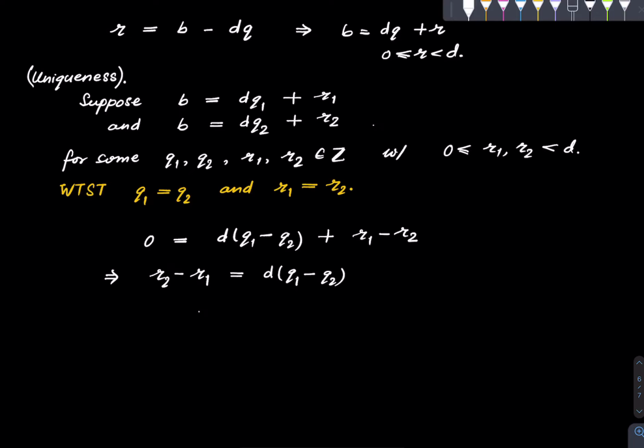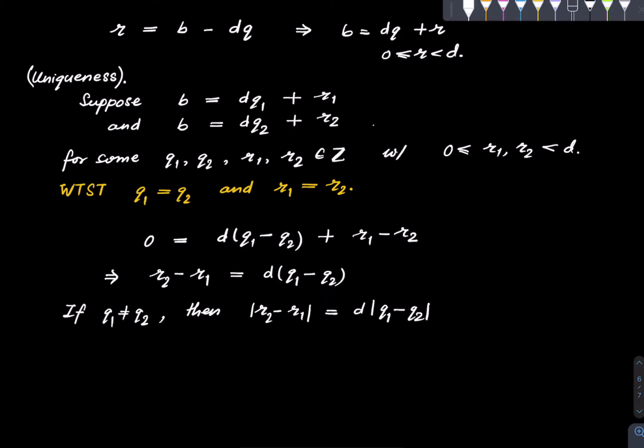And if Q1 were not equal to Q2, what you can do is take absolute values on both sides. Then the absolute value of R2 minus R1 is equal to D times the absolute value of Q1 minus Q2. D is already positive, so there is no need to write absolute value around D.